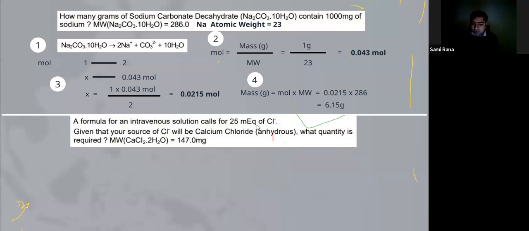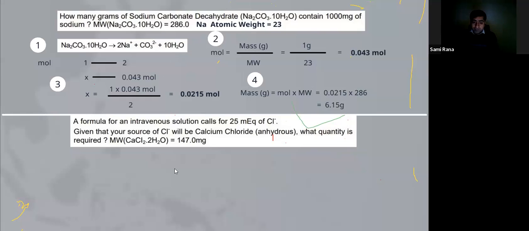So this MEQ is essentially equal to millimole. The only difference would be if there is anything here like magnesium or calcium. So for this question, we will go just like we have gone for the millimoles.